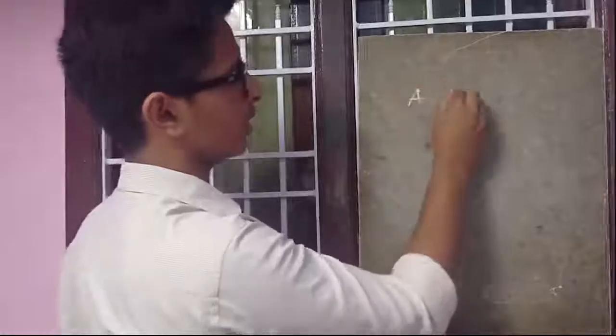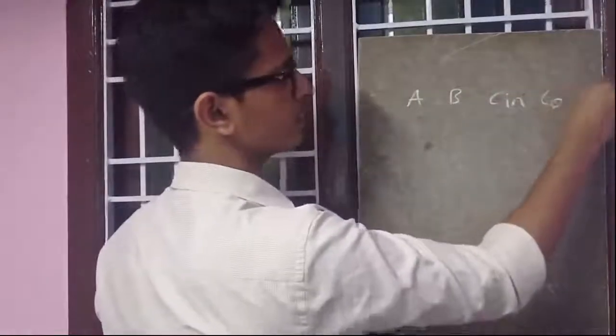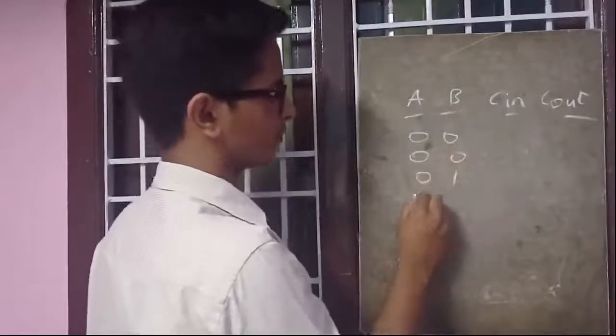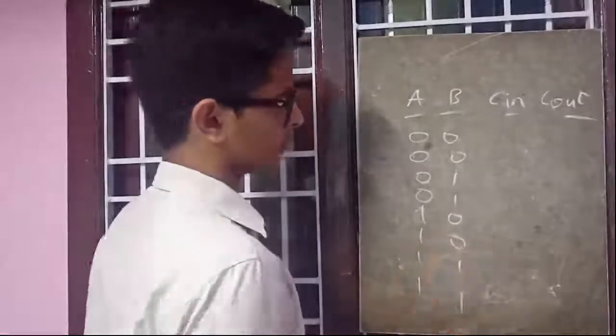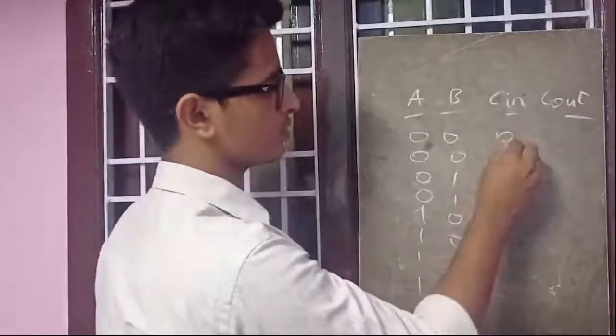Basically, if we add two binary digits, the truth table will look like this. A, B are the two binary inputs, then C in and C out. The input carry may be 0 or 1.